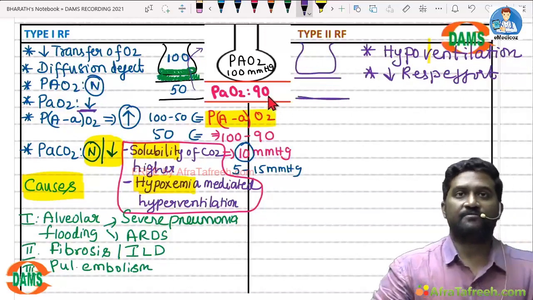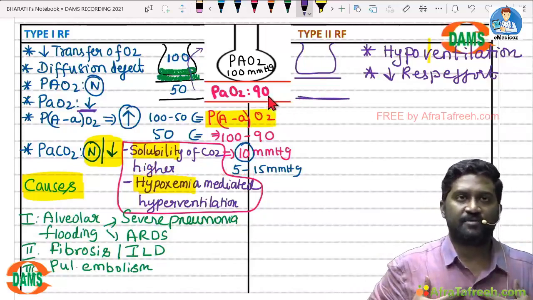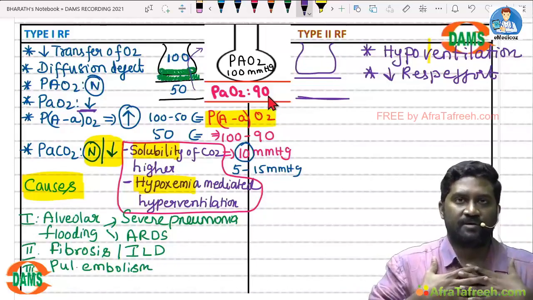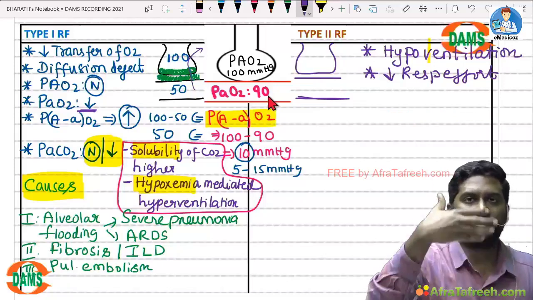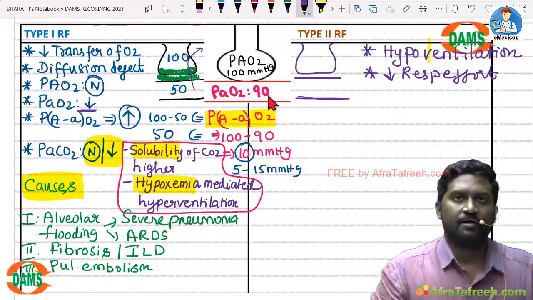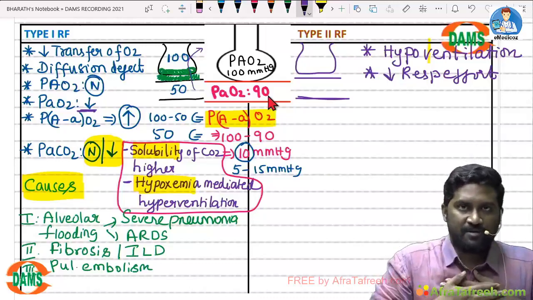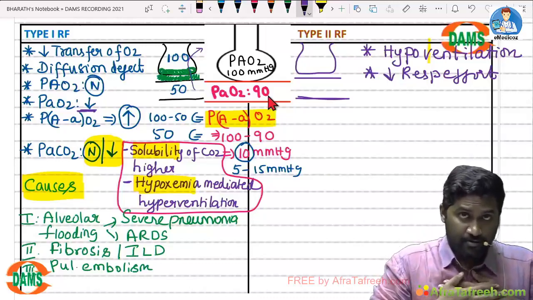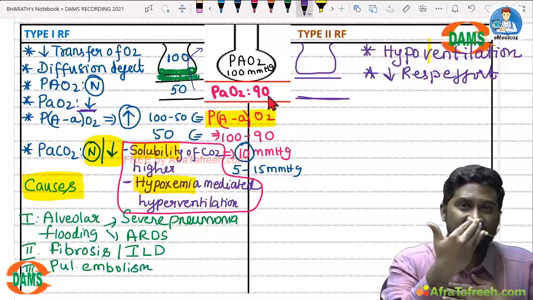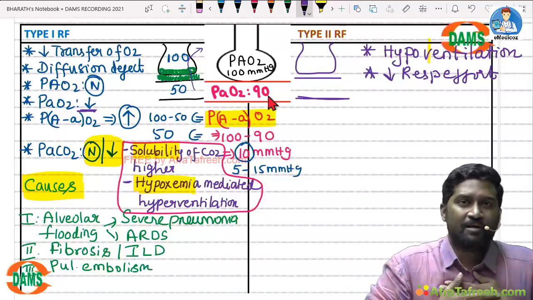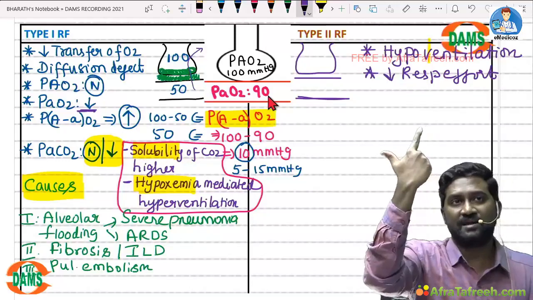Whenever I say hypoventilation, decreased respiratory effort, what is happening? When my respiratory effort is normal, during inspiration I take a good amount of oxygen, and reflexly during expiration a good amount of carbon dioxide is going out. When my respiratory effort is not proper, there is insufficient inspiration, so the amount of oxygen coming into my body will be less. Insufficient expiration, CO2 exit will also not happen properly, and because CO2 is not going out from my body, CO2 will start retaining in my body.